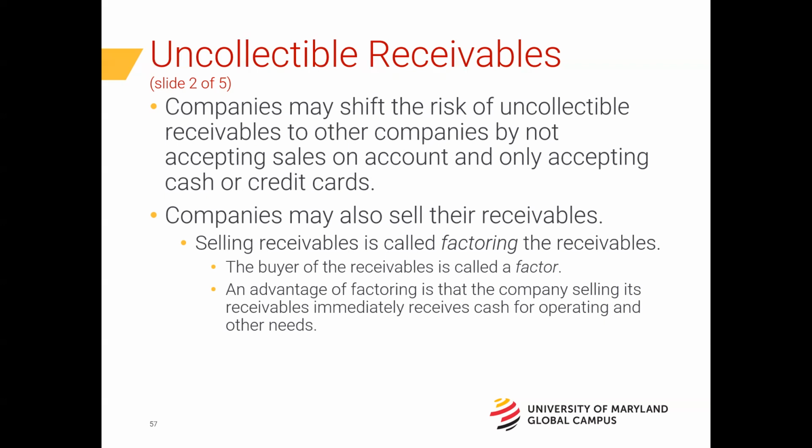So there are a couple of mitigation strategies that companies have at their disposal. One is that they can shift the risk to another company. You may have heard of collection agencies.